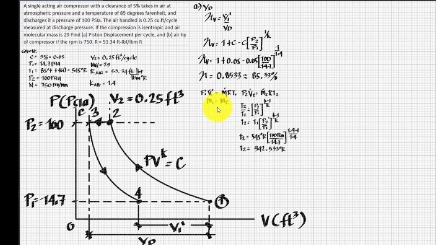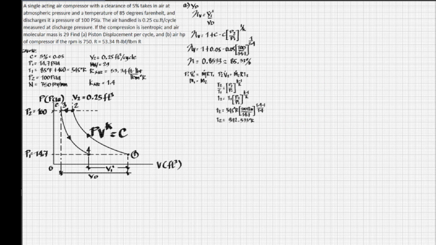Now to solve the value of the mass flow rate. To get the value of mass flow rate 2, which is equal to the mass flow rate 1, continuing with this equation, we have pressure 2 and volume flow rate 2, which is equal to the mass flow rate 2, R of the air, and temperature 2.